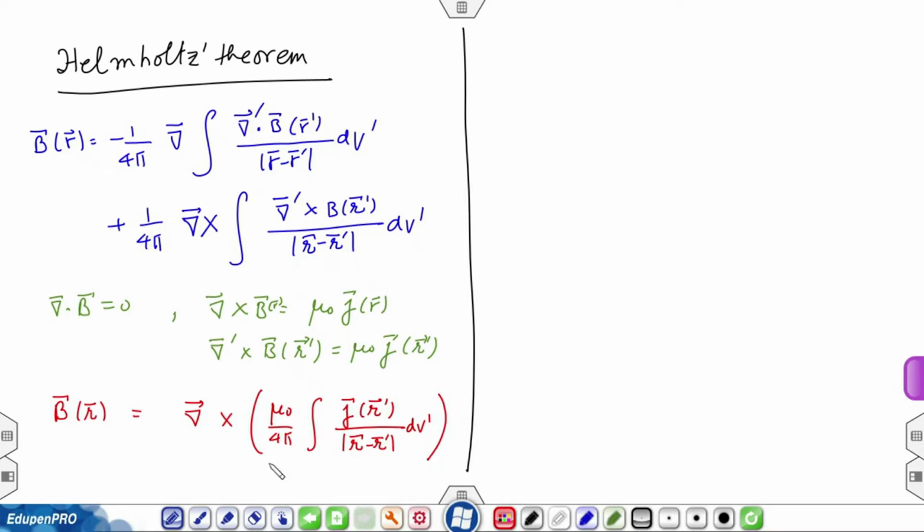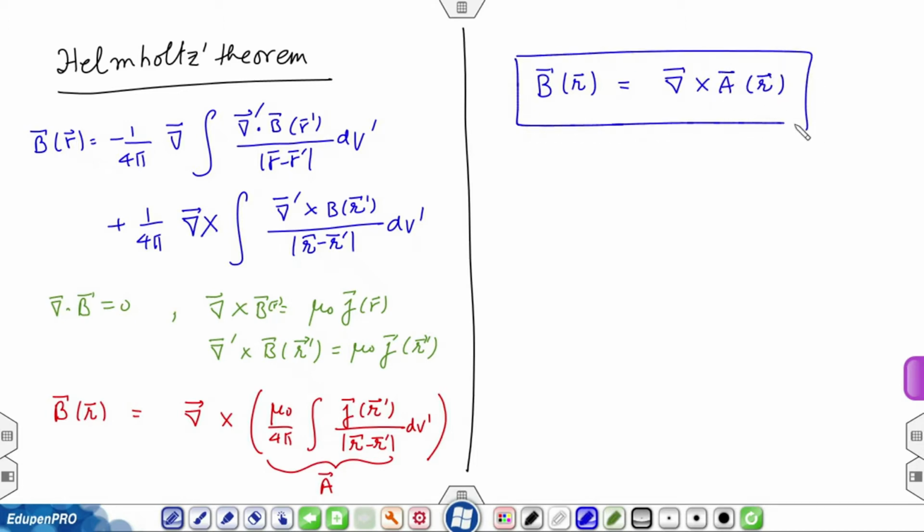I am going to call this quantity A. So, I have B at r is equal to curl of A of r, where A of r is equal to mu naught over 4 pi integration J r prime over |r minus r prime| dV prime.